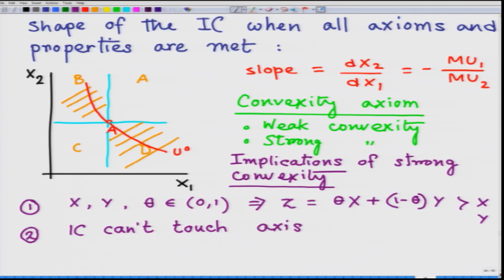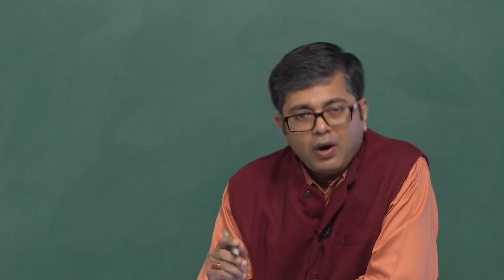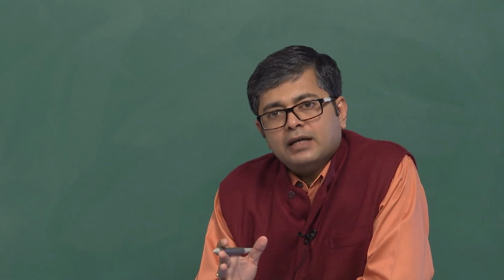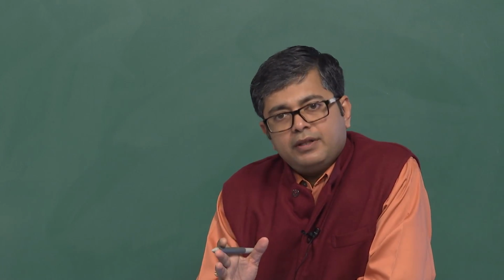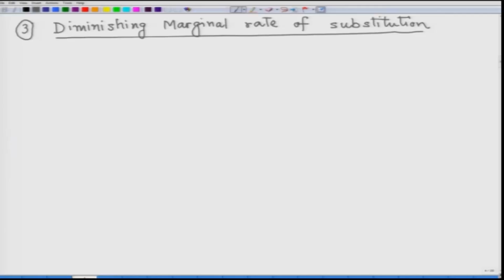Now, let us move on to the third implication, and this is very important in consumer analysis. This is known as the law of diminishing marginal rate of substitution. Now, what is diminishing marginal rate of substitution? For that, we need to first define marginal rate of substitution.